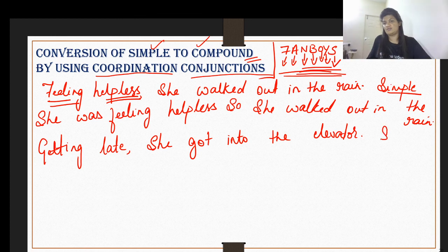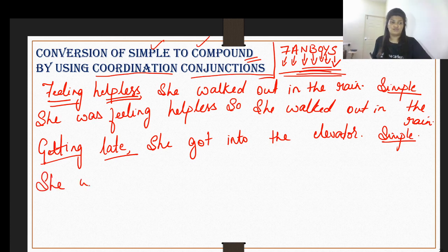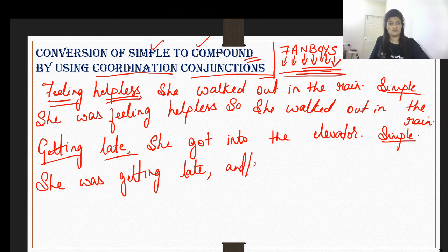So this is our simple statement. What did I say you got to do when you have a simple statement? You got to expand the phrase, and this is our participle phrase. So what are you going to do? You are going to introduce your subject and your finite verb, and now you are going to bring in the phrase getting late. And here you have to introduce your conjunction, which is going to be either and or so.